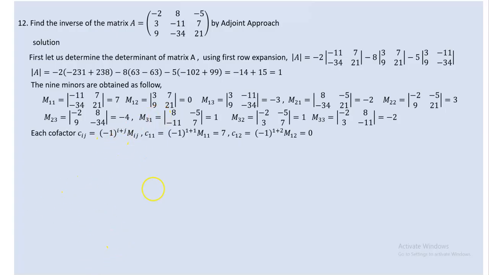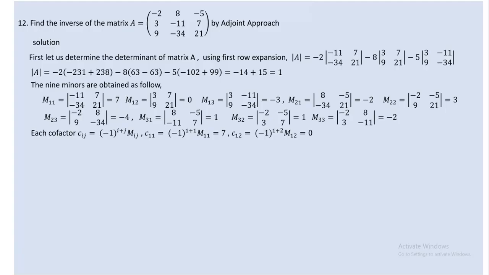So for instance, in the case of C11, students, C11 is the cofactor for -2, because -2 is the element obtained at the intersection of the first row and first column. As you know, 1 plus 1 makes 2, so -1 to the power of 2 makes 1, so C11 is basically the same as M11. We already determined M11 as 7, so this 7 can also stand for C11.